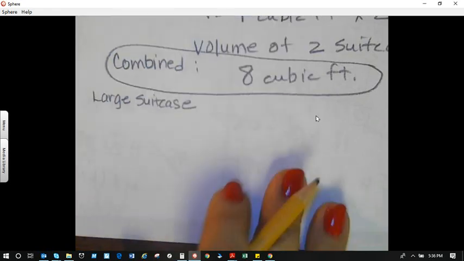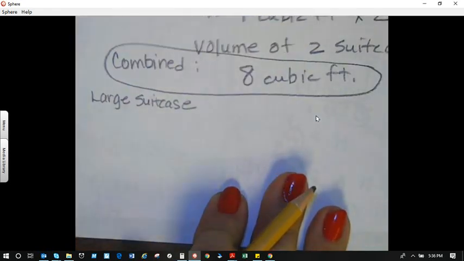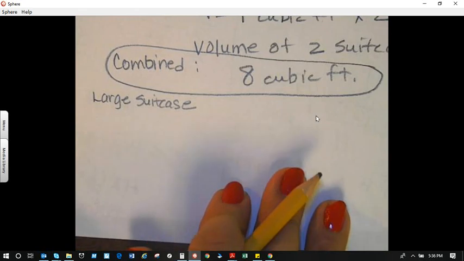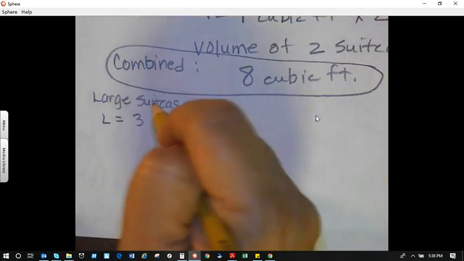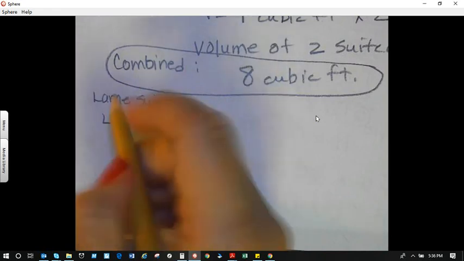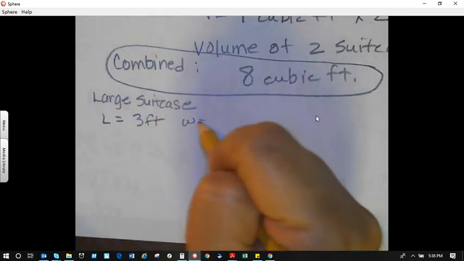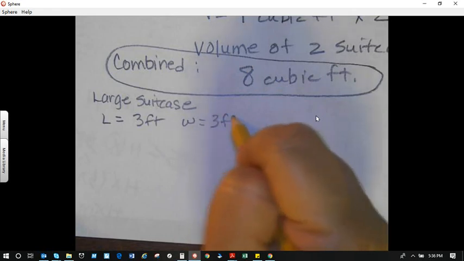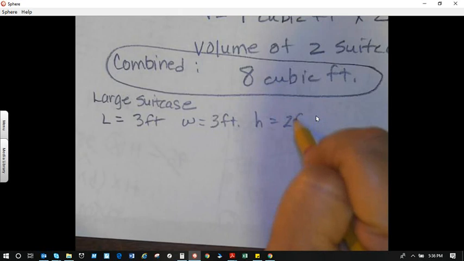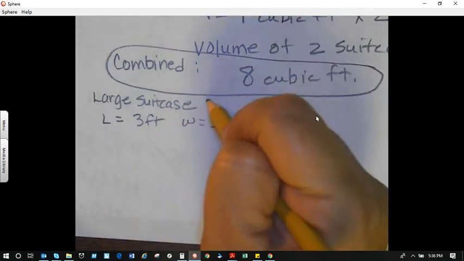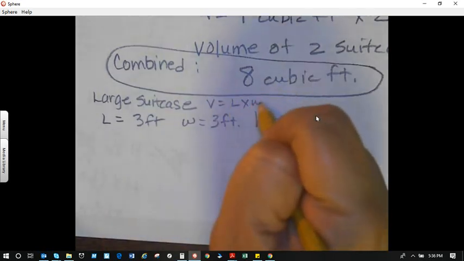So the volume of a large suitcase, let me pull my paper over here. Looking on here, it says the length equals 3 feet. The width equals 3 feet. And the height equals 2 feet. So remember, volume equals length times width times height.